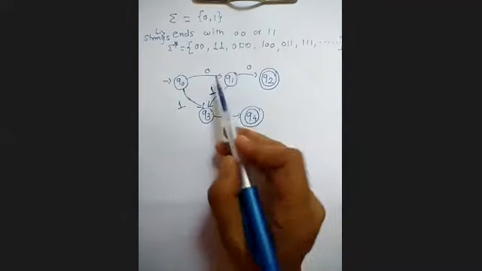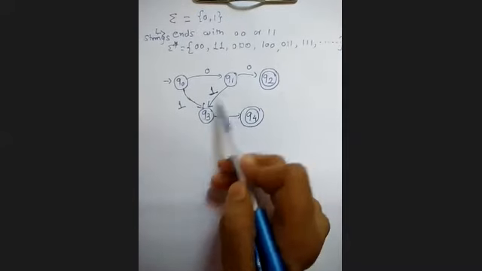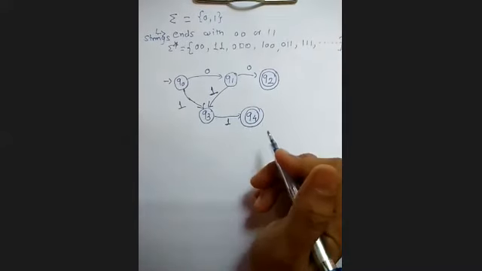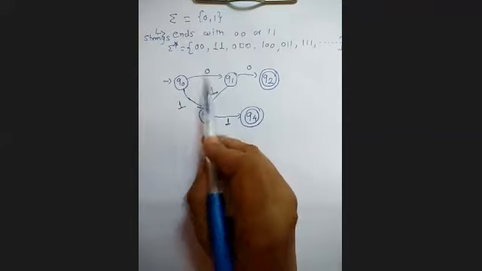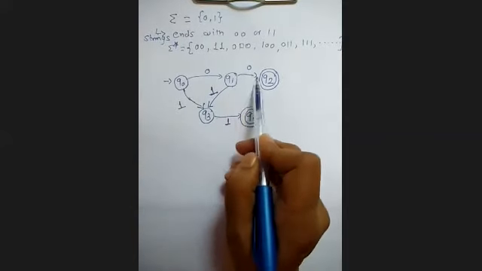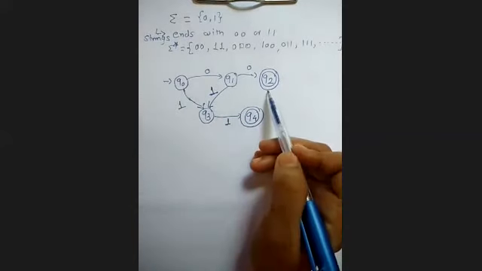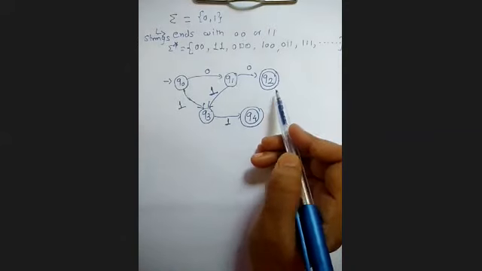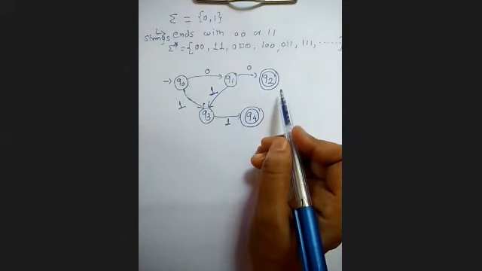Okay, so if I give now 0 1 1, it is accepted, correct? So we completed the transitions from Q1 on 0 and Q1 on 1. In the same way, from each state you need to complete the transitions on 0 and 1.